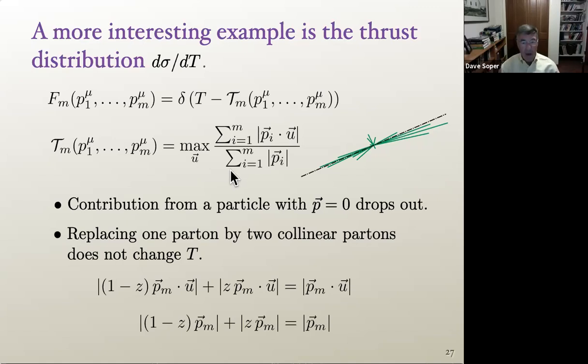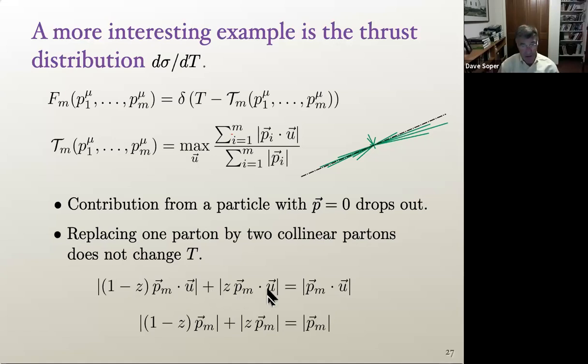And what you may note is that if there's any particle here which has 0 momentum, it just drops out of the numerator, it drops out of the denominator. So very soft particles don't count. And if 2 partons or particles become collinear, then what happens? You have (1 minus z) times some p_m dot u plus z times p_m dot u.